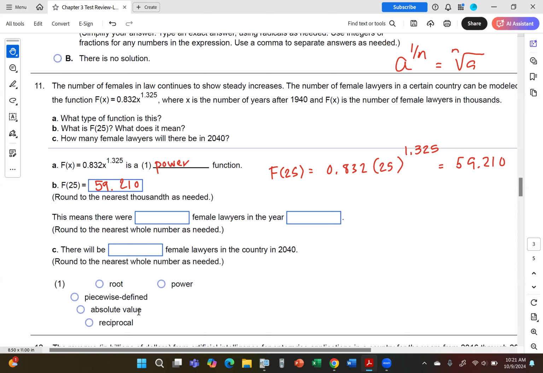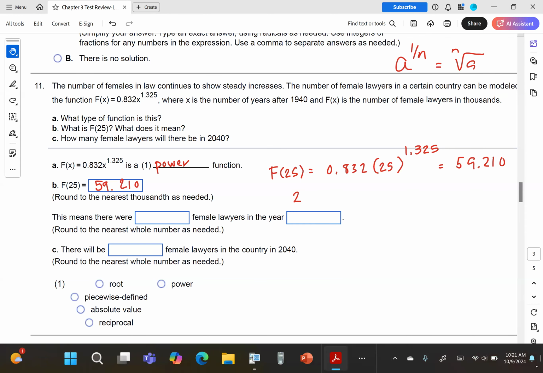So 2040 means the year 2040, and since this model is the number of years after 1940, we're going to evaluate this at 100. 2040 minus 1940 is 100, so we're going to evaluate this function at 100.